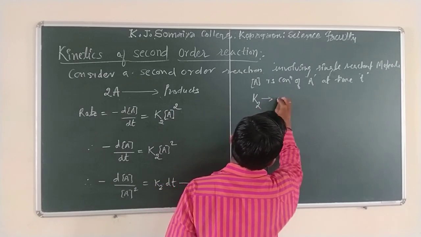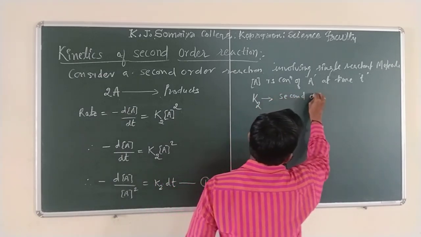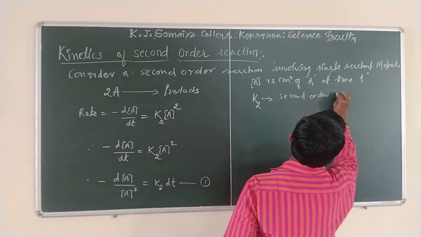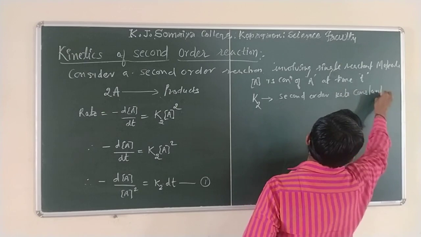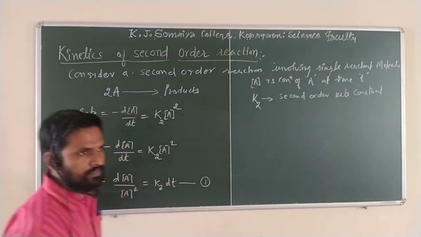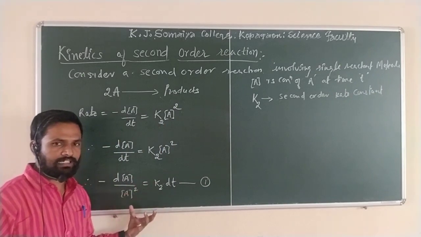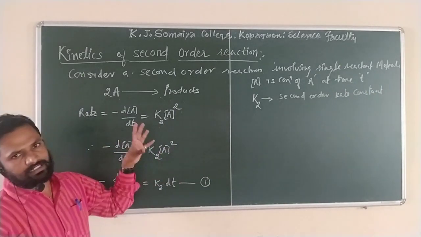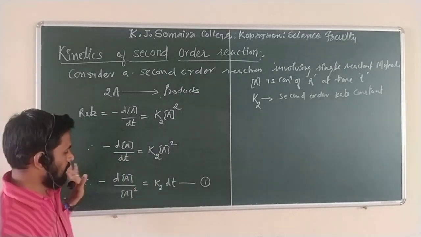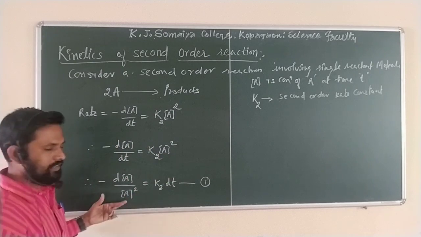K2 is the rate constant, the second order rate constant, as I told you, which we are going to discuss. We will find the rate constant of second order as well as the units of second order, the nature of the graph, and then finally the half-life period we are going to see. Now it is very simple. The equation number 1 we already wrote here. Now what do we have to do?